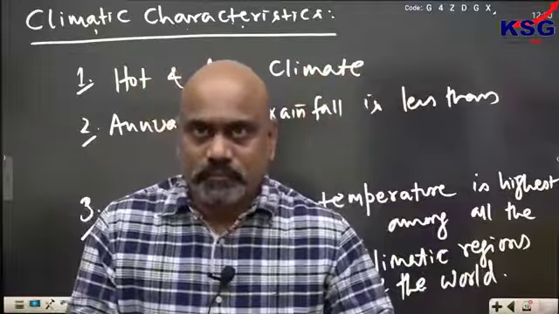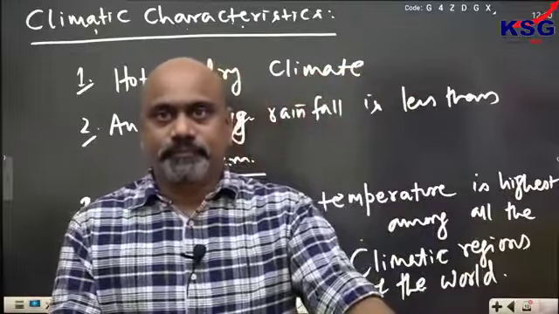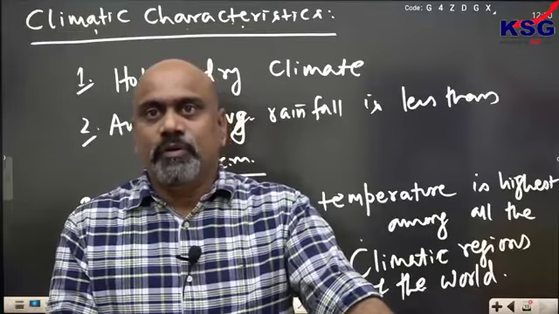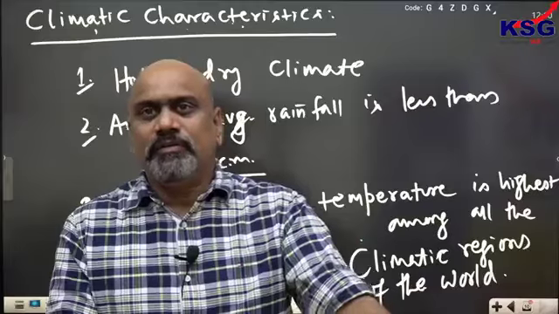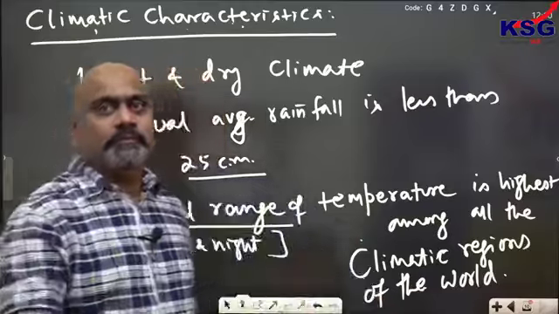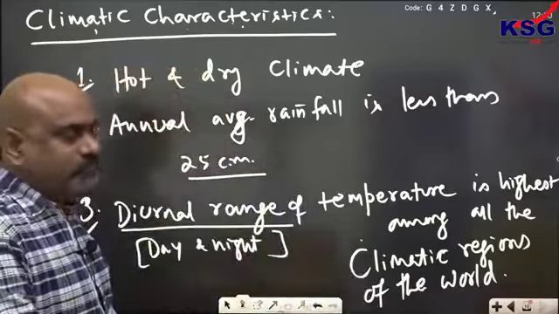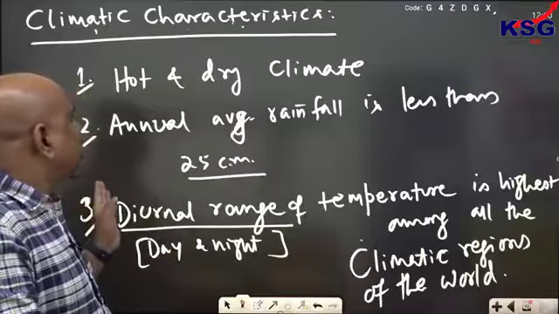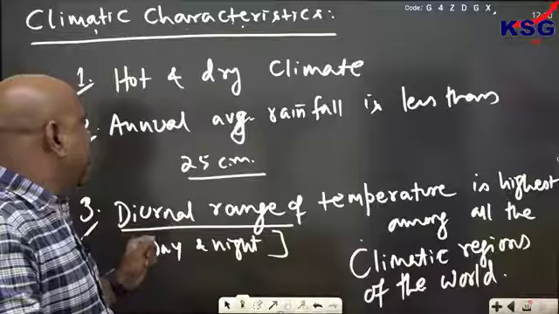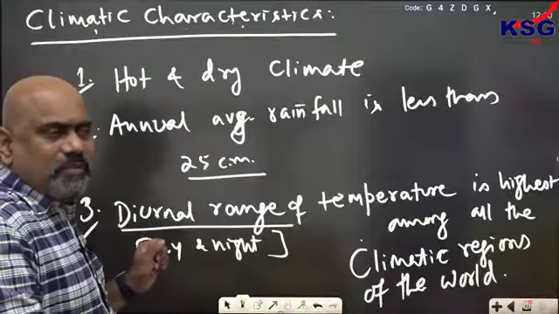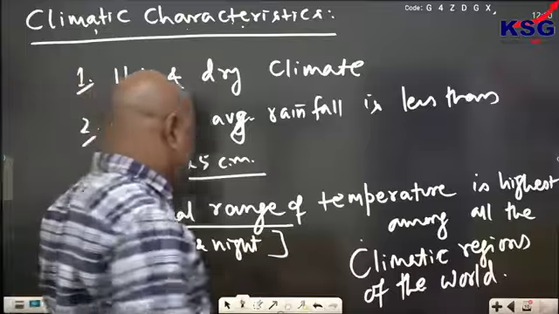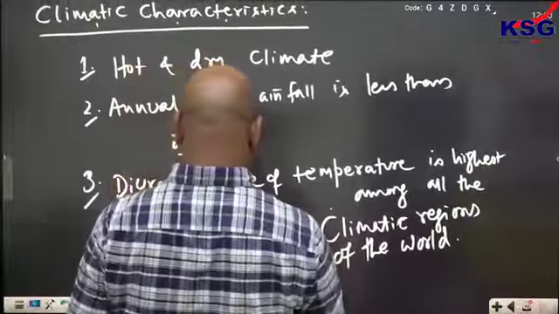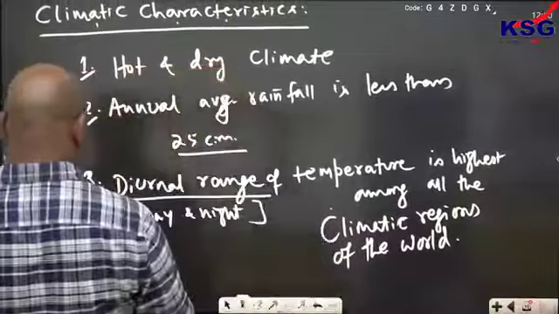Hope it is clear to all. Now, rainfall is like this: hot and dry climatic conditions, and a high diurnal range of temperature. So here, as you know, evaporation exceeds precipitation.